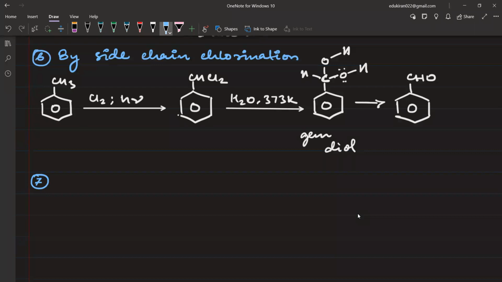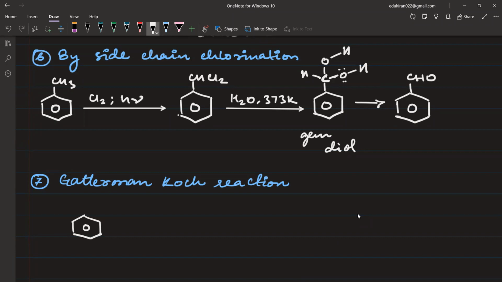The seventh method of preparation is the Gattermann-Koch reaction. In this reaction, we start with benzene, and with CO, carbon monoxide, in the presence of HCl, and we also use anhydrous AlCl3. This gives you benzaldehyde.